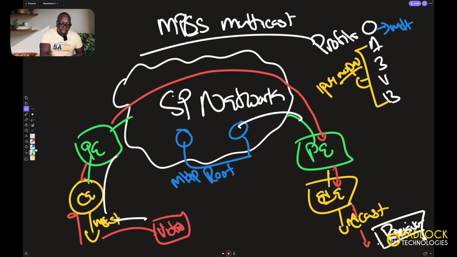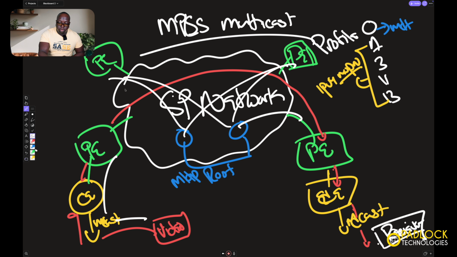Let's say we got a PE over here, another PE over here and another PE over here. Depending on who's your root, it's going to ingress replicate to each one of these PEs. So the traffic comes over here, and then it gets ingress replicated, or IR, to each individual PE. That's when you use MLDP.